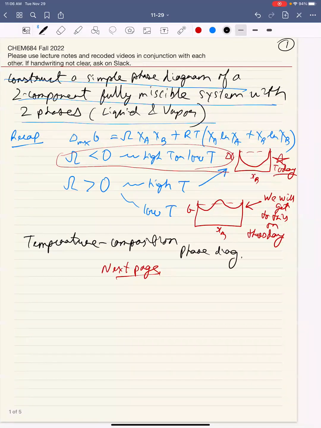So what we would like to plot is, and we will keep adding information here, in the top right we have a box. In this box, the y-axis is temperature, the x-axis is XB, which goes from 0 to 1. And this is how the temperature goes up. And this is how XB goes up. And we want to plot at which point we will have liquid, at which point we will have vapor, will we have coexistence, will we have triple points. We want to see all that kind of behavior.